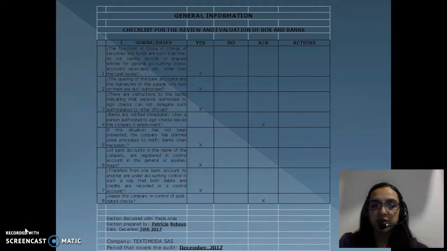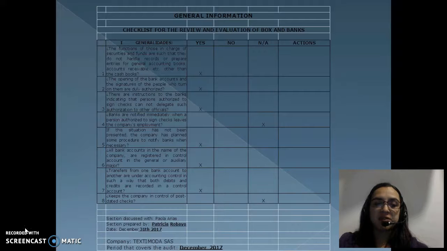reclassifications. In the liabilities or financial obligations, are all financial obligations of the company properly registered as of December 31?